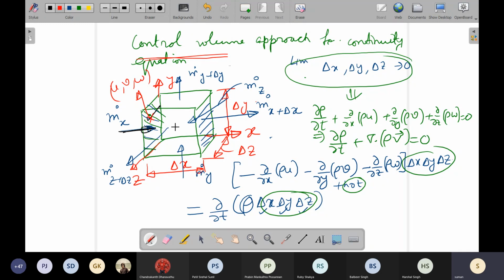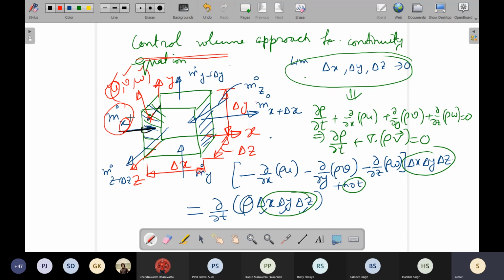The reason is very clear: although all these components are there, the mass flux across this phase is only due to u and not due to other components of velocity. And that is why this is related to u and not other factors. And that is why when we consider this phase, only m dot x is coming up, not m dot y or m dot z, because simply there cannot be any m dot y or m dot z across this phase.